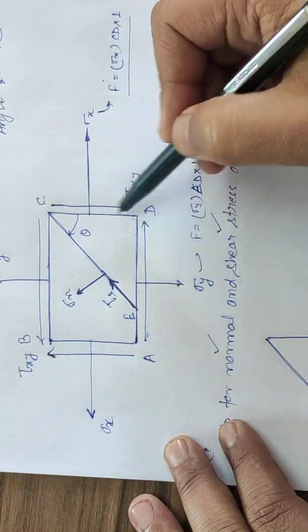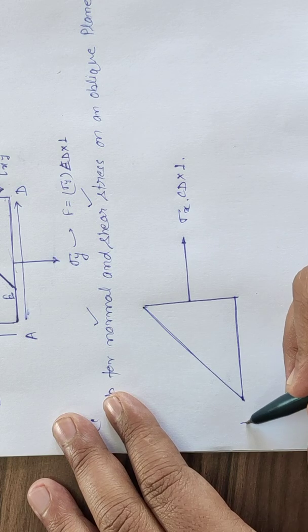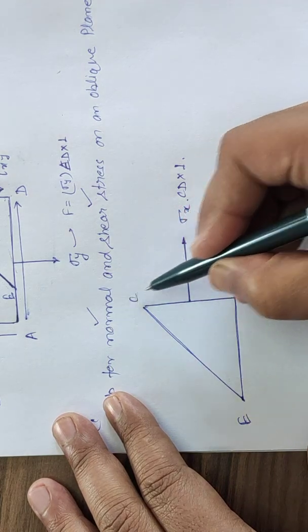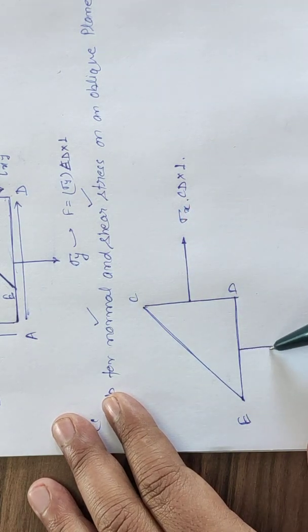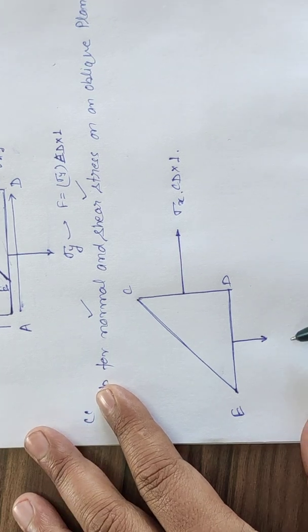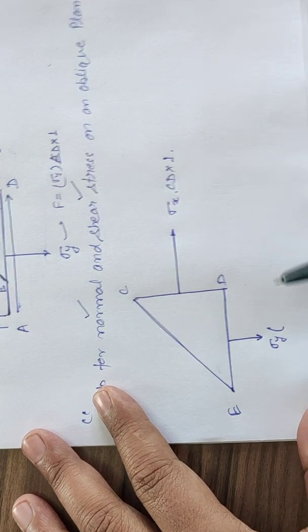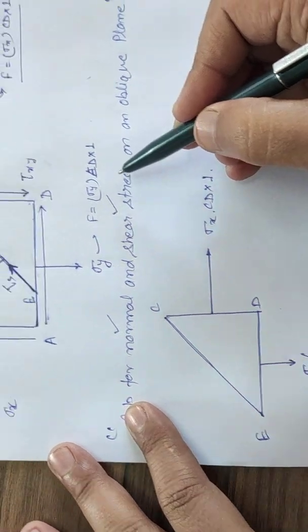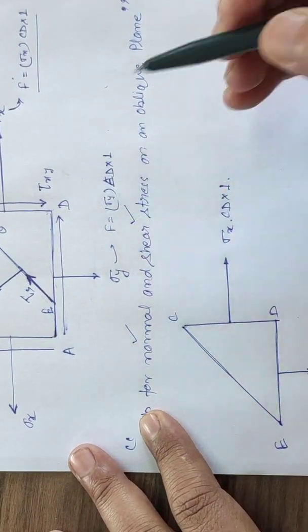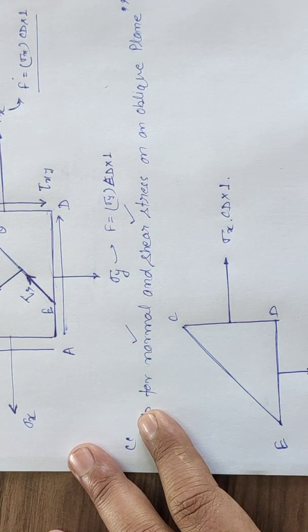On this member we are taking only the member E, C, D. In this part, sigma y multiplied by ED, force will be equal to sigma y ED multiplied by 1.